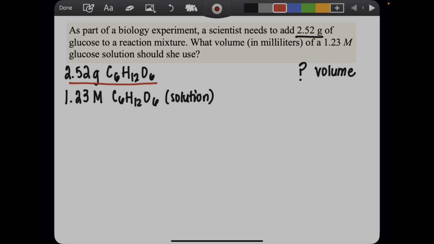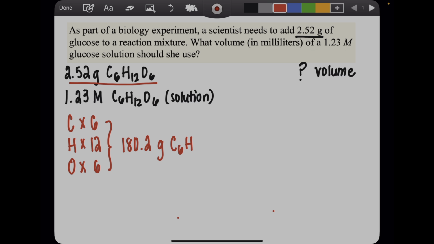So in order to do that, we need to multiply the mass of carbon by 6. Then we have 12 times the mass of hydrogen and 6 times the mass of oxygen, and that would give us 180.2 grams of glucose per mole of glucose.